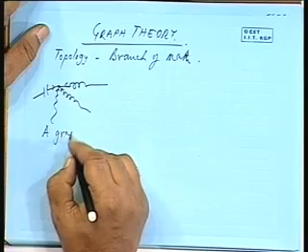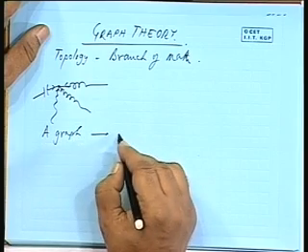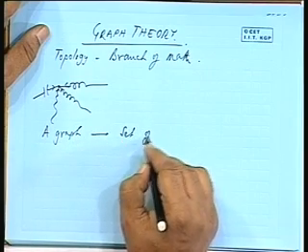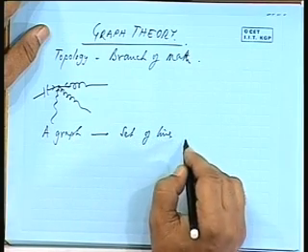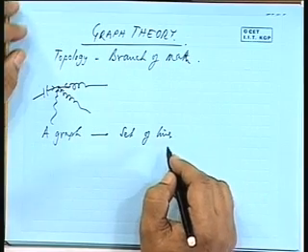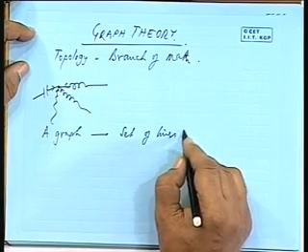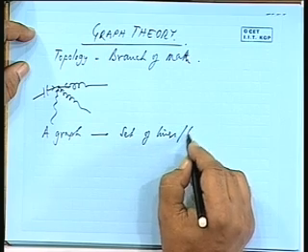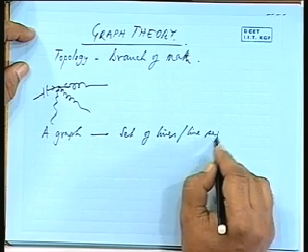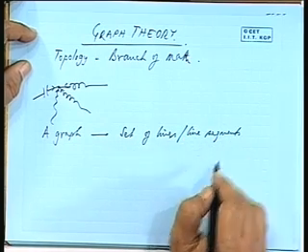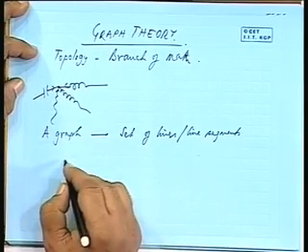A graph is a set of lines, we call lines or line segments, known as edges. These are called edges.